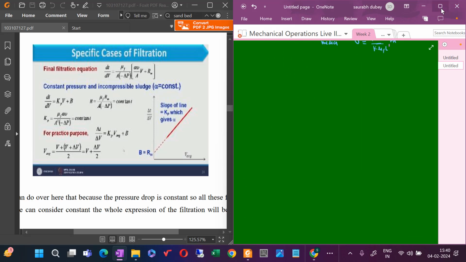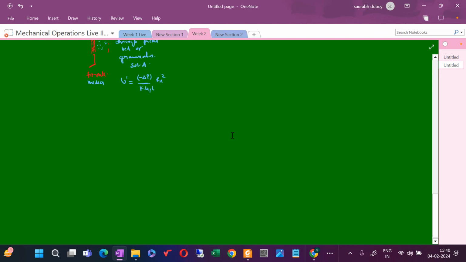So another question we will be going to solve now. And this question is again a numerical problem related to filtration. Let's go for it.